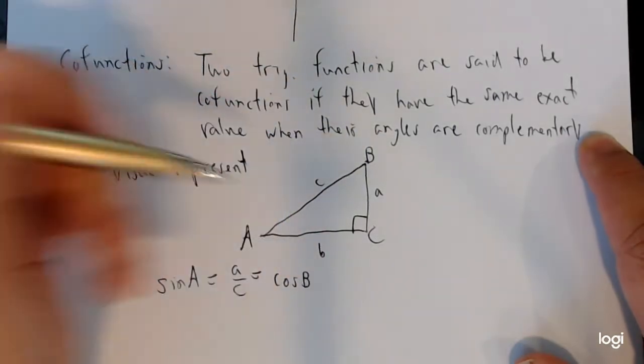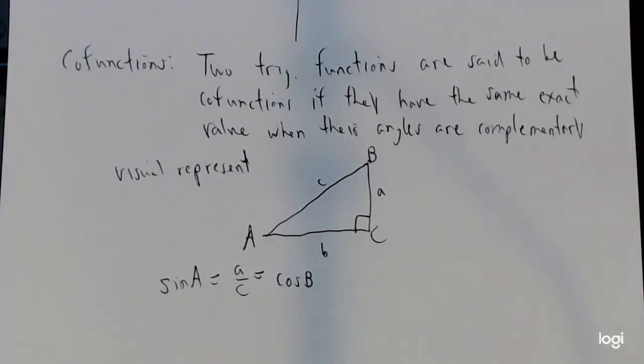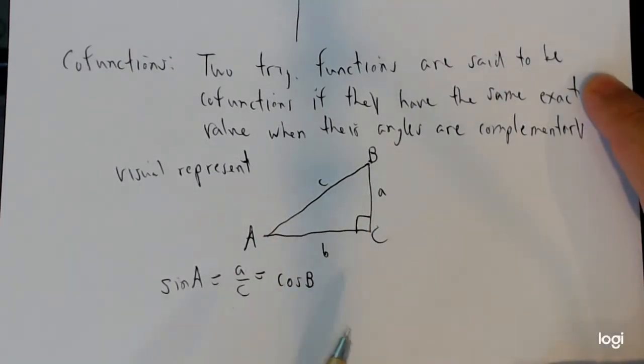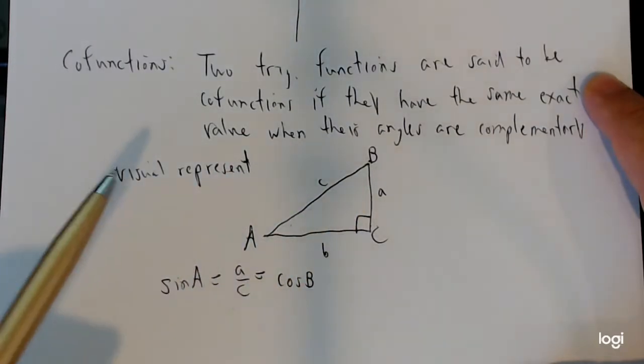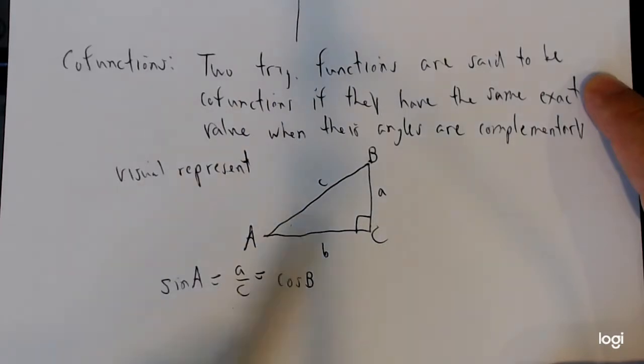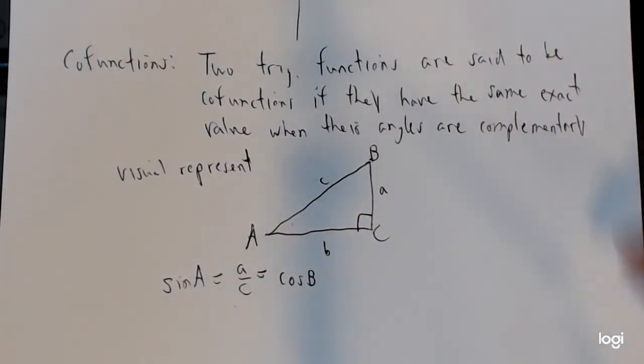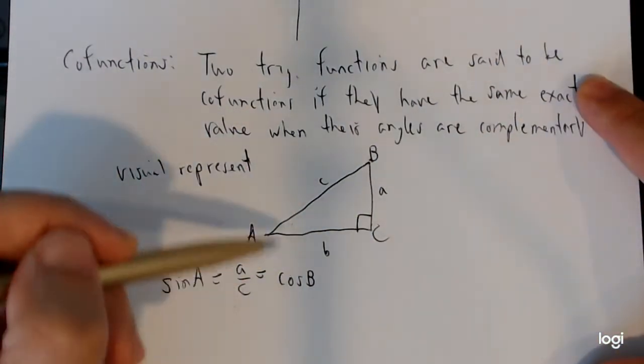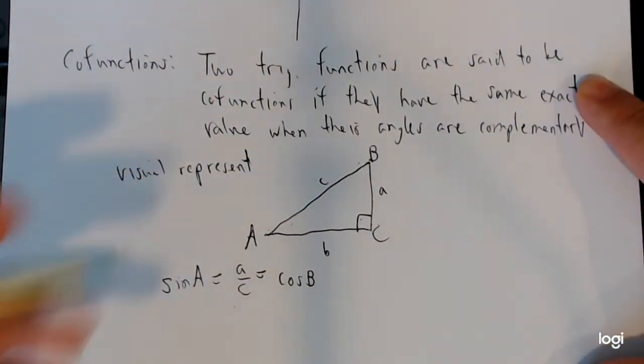It's cosine of B. Now look at what happens here. Sine of A and cosine of B both give you the same ratio. It's A over C. So they have the same exact value. And what is it that we notice about angle A and B? What would I get if I added A and B together? Well, if you remember last chapter, we said all the angles of a triangle add up to 180. So if this is 90, then A plus B has to add up to 90 as well, because if I want the whole thing to be 180, these two should be 90, that should be 90, which gives me the 180.